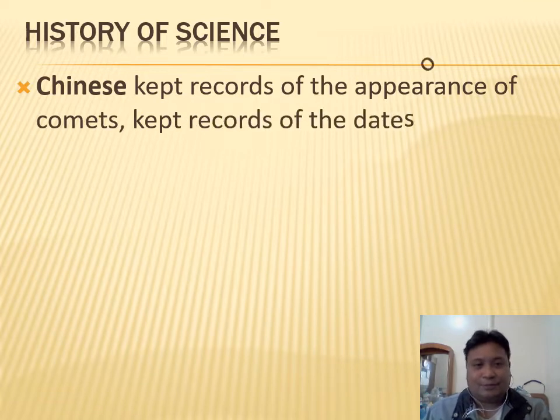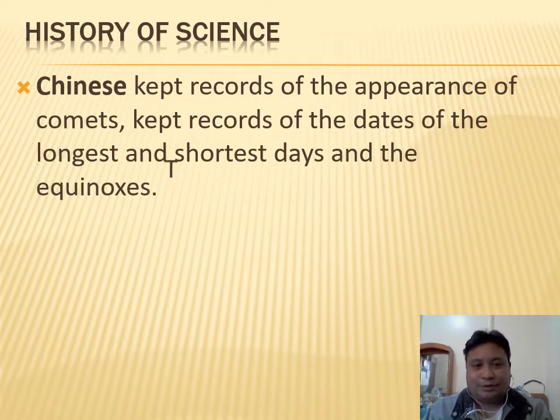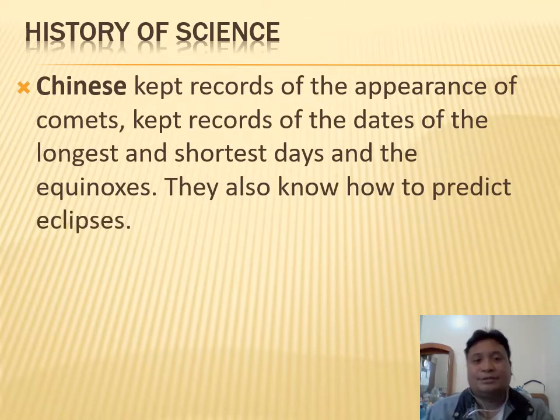The Chinese people kept the records of the appearance of comets, the dates of the longest and the shortest days of equinoxes, and they also know how to predict the eclipses. So when you say equinox, if you can notice that today, October, November, December, we experience longer nights than days.